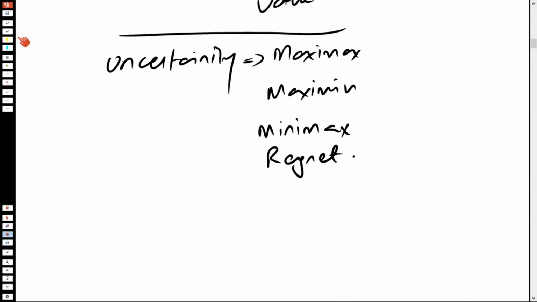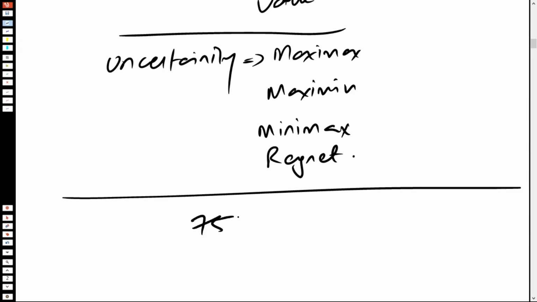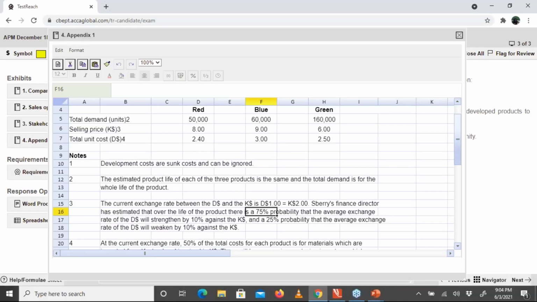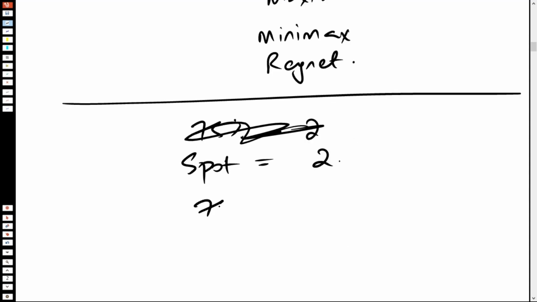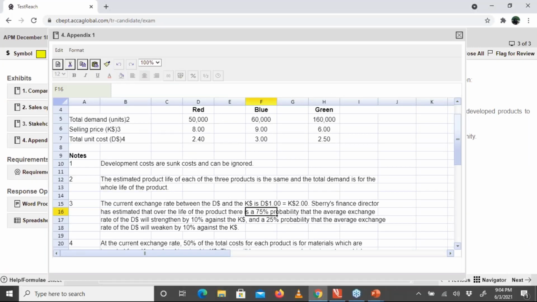So what is actually happening in this scenario of the Asbury company? There is a 75% chance that the average exchange rate of the D dollar will strengthen by 10% against the K dollar.